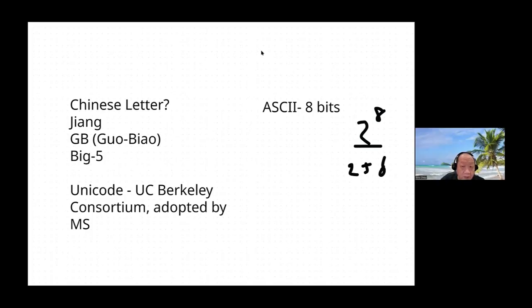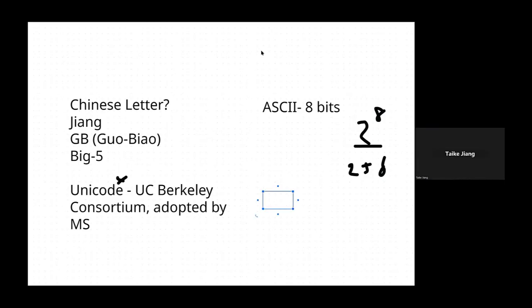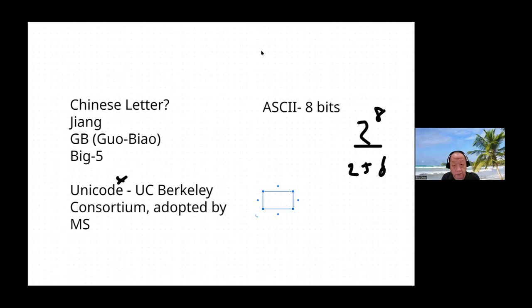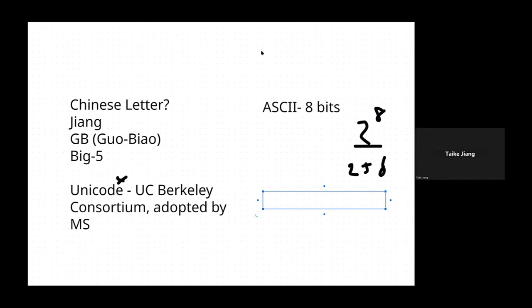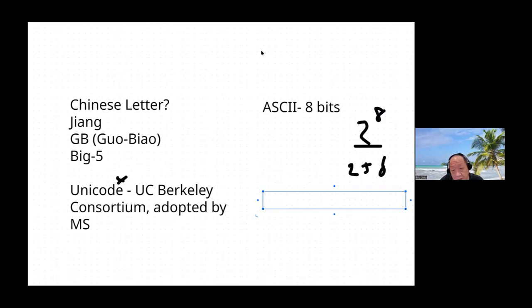Unicode has a few formats: UTF-8, UTF-16, UTF-32. What does UTF mean? I think it's Unicode Transformation Format, a standard name.